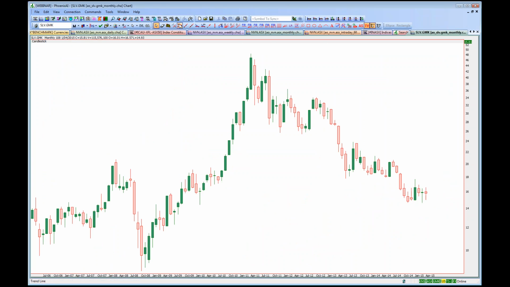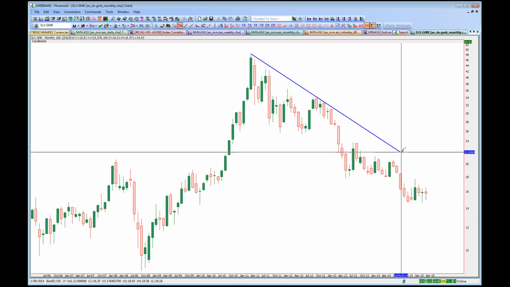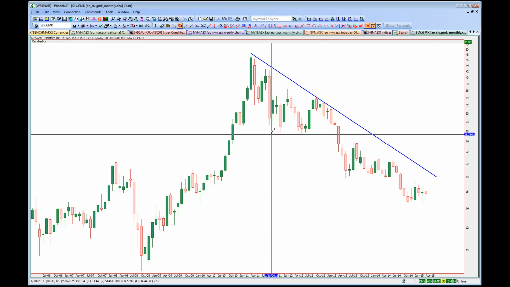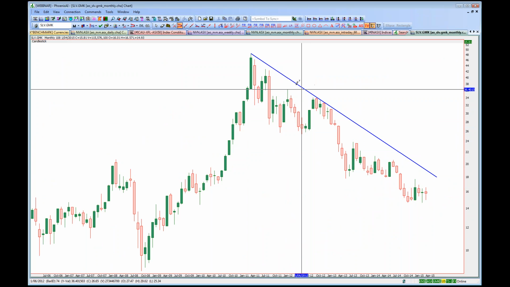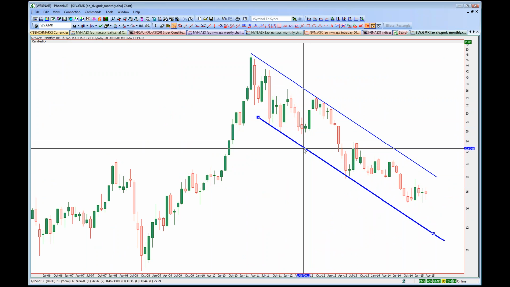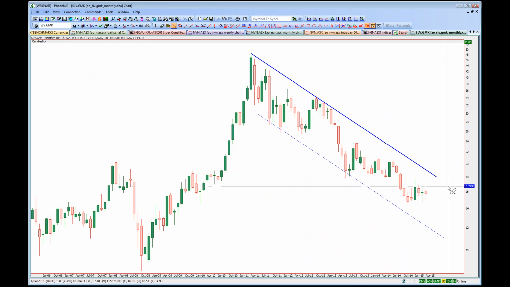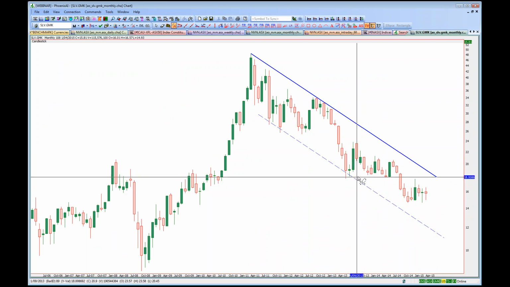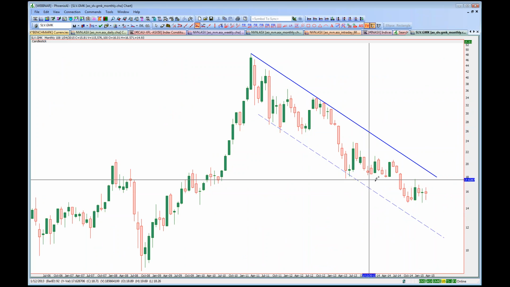Monthly. Clone. If we really have a look at this, we should be able to get a downside target.